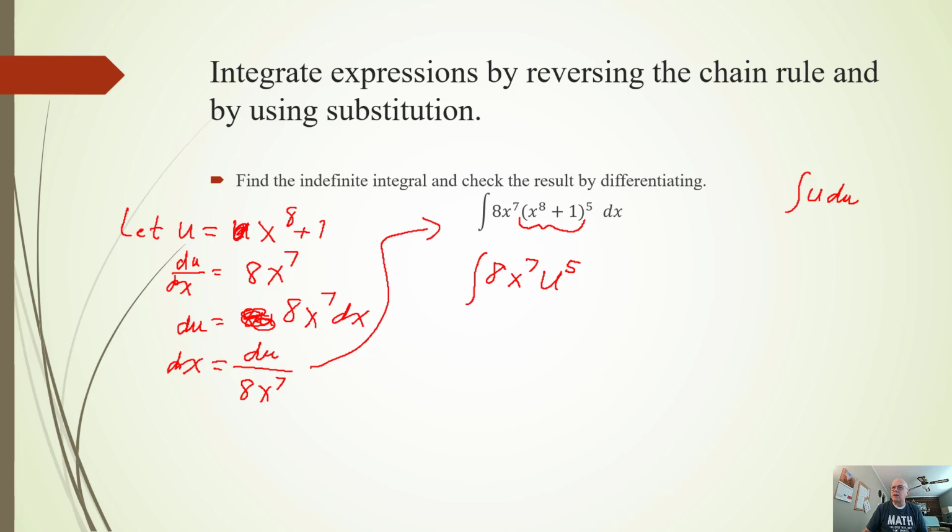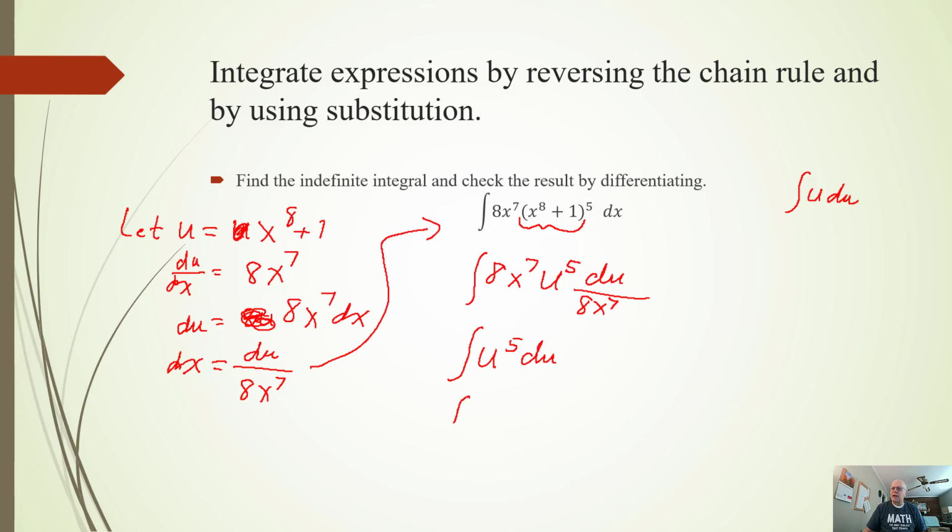Check back here, there's u, it's taken to the 5th power, and instead of dx we're going to write its replacement, du over 8x to the 7th. See what's coming up? The 8x to the 7th cancels out. So what we've got now is u to the 5th du. Easy stuff, right?